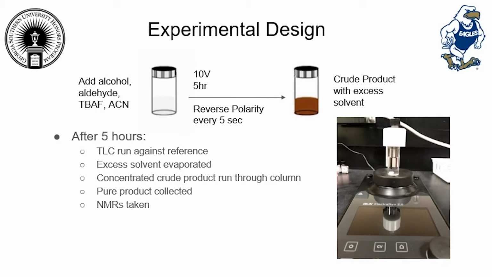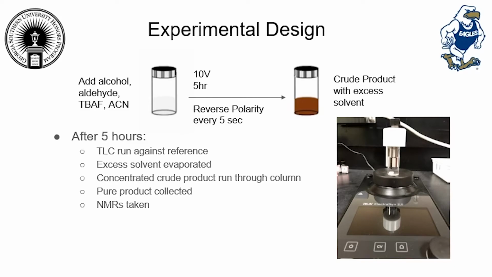After 5 hours, the crude product mixture was run on a TLC against a reference of the starting material to make sure that a new product was formed. If a new product was formed, then the excess solvent was evaporated from the crude product, and then this was concentrated down. This concentrated product was then run through a silica column with a mixture of ethyl acetate and hexane, starting at 10% ethyl acetate, increasing to 20 and then 50% after every 15 tubes were collected.